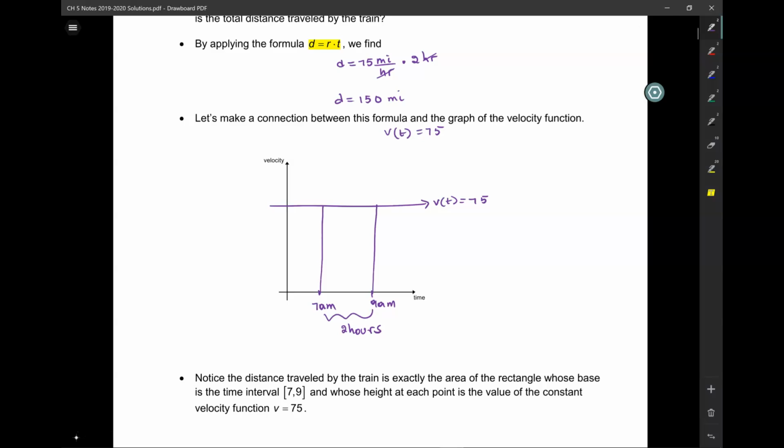Okay, now I have my rate and I have my time. What do I have to do with these in order to get a unit of distance? Multiply them.